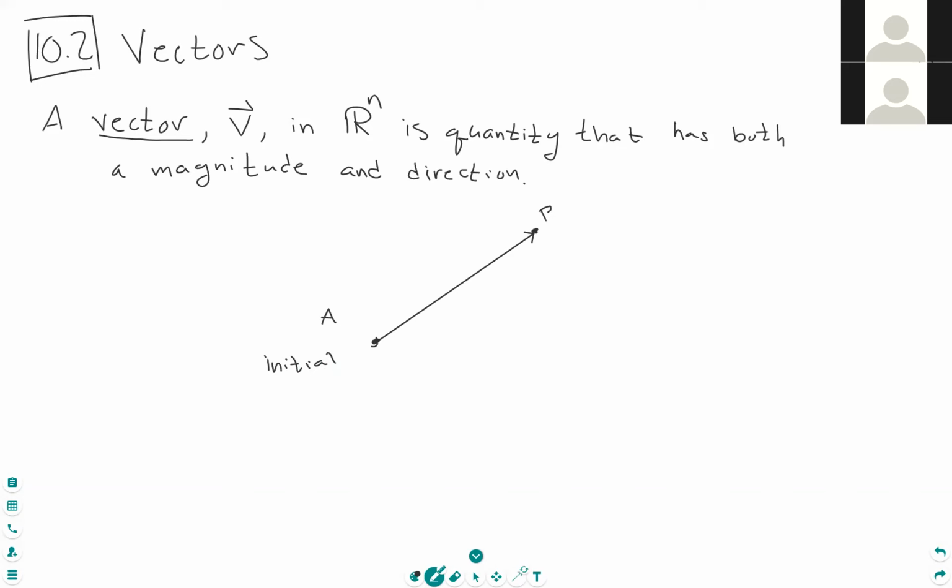And this might be the point B, and this is our terminal point. So a vector just simply has a magnitude, basically being the length of the vector, and it points somewhere.